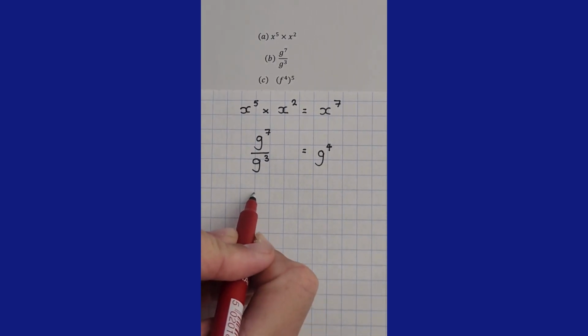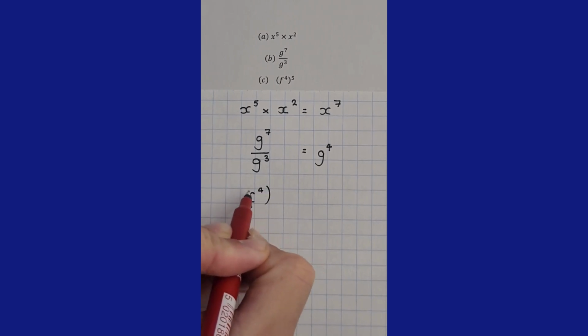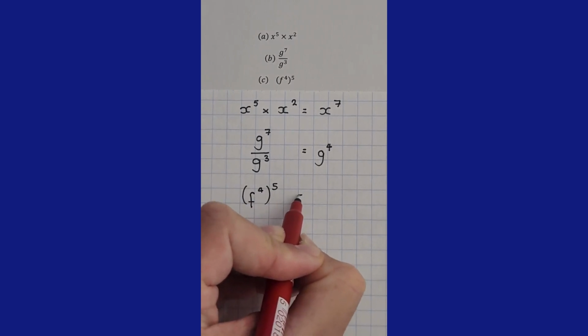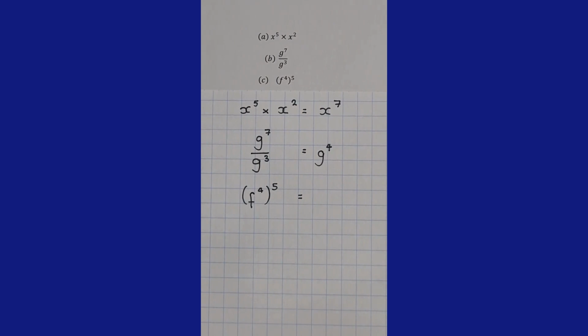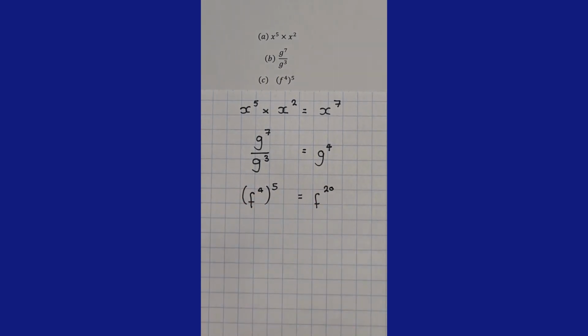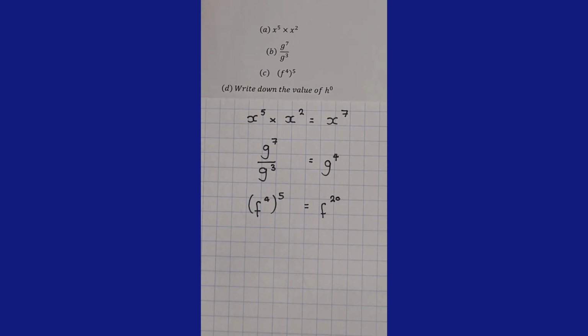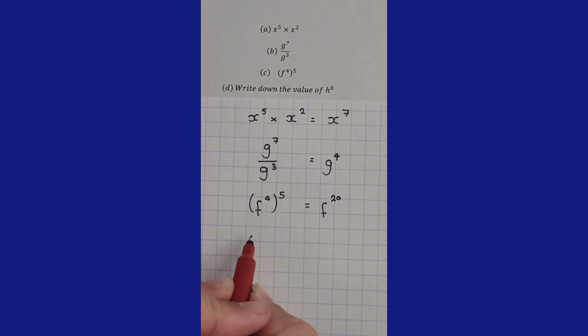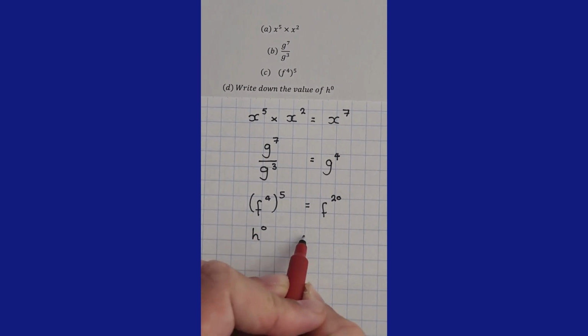The next one we've got is we're raising a power to another power. And if we can remember back, raising a power to a power means we multiply the powers. So 4 times 5 is going to give me f to the power of 20. And then this question says, write down the value of h to the power of 0.